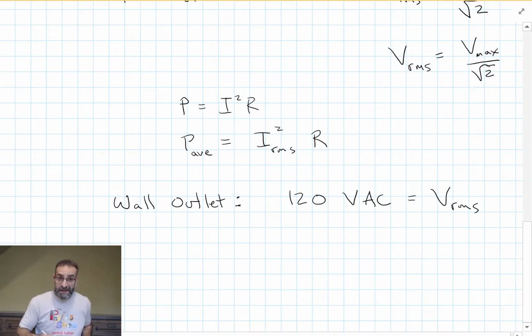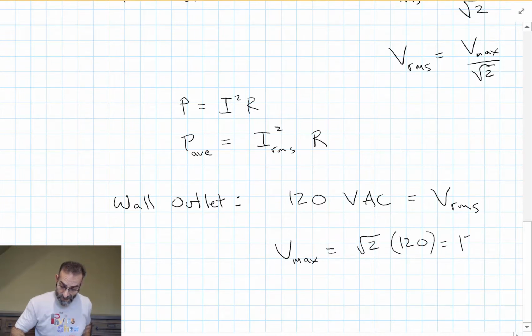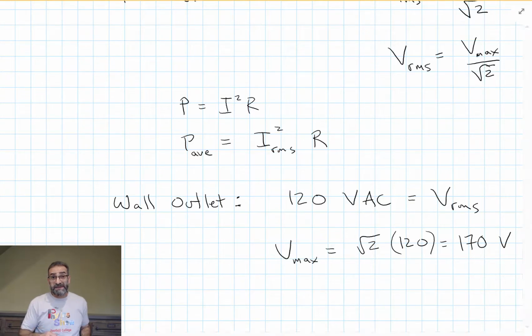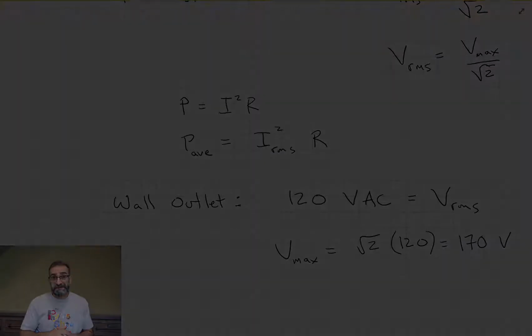So what's the peak voltage going to be? Our peak voltage hits a maximum of about 170 volts. The RMS voltage is the maximum voltage divided by the square root of 2. And that's what you'd read with the multimeter.